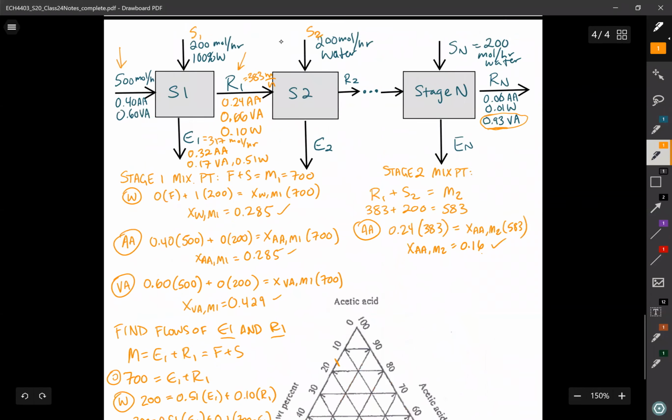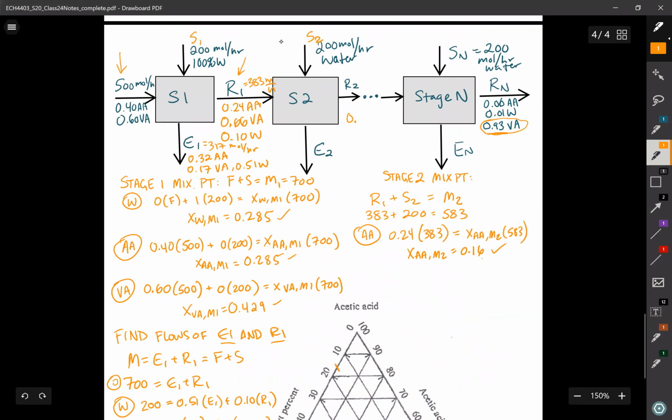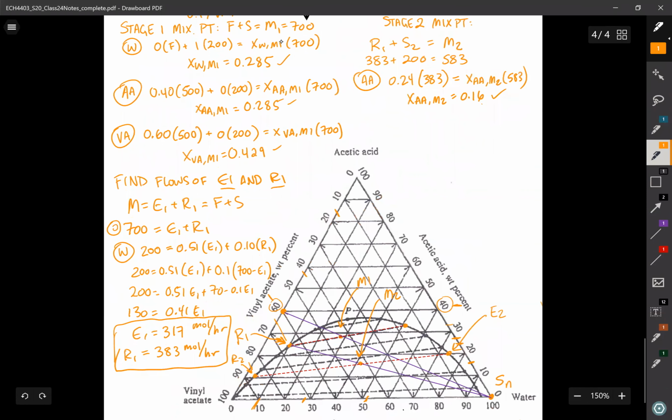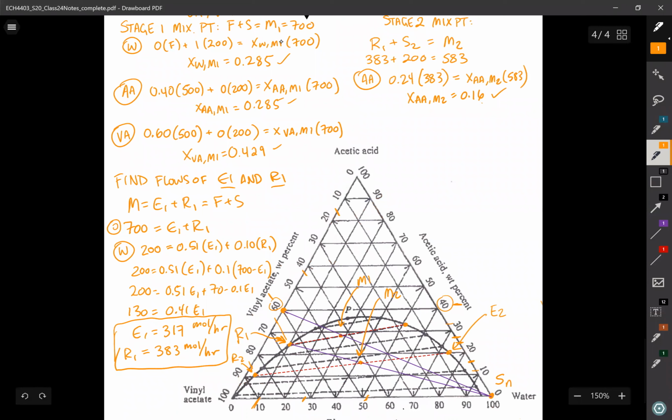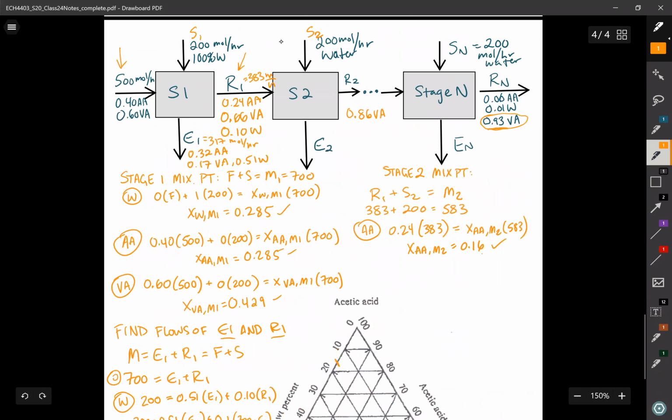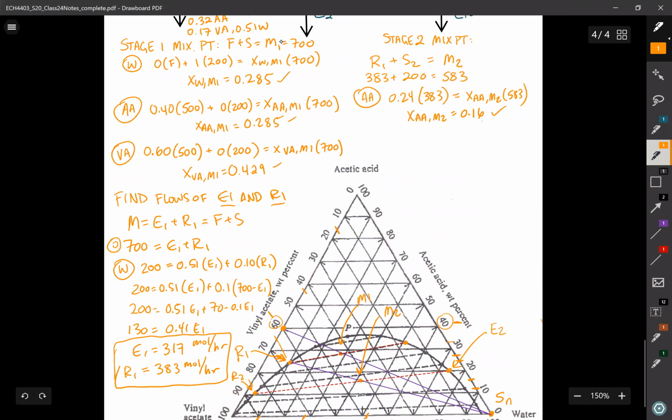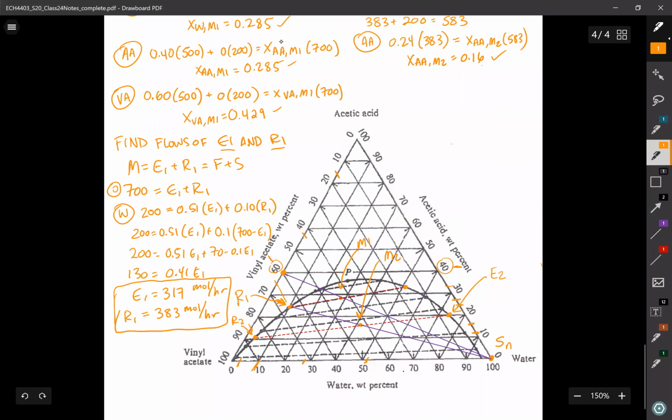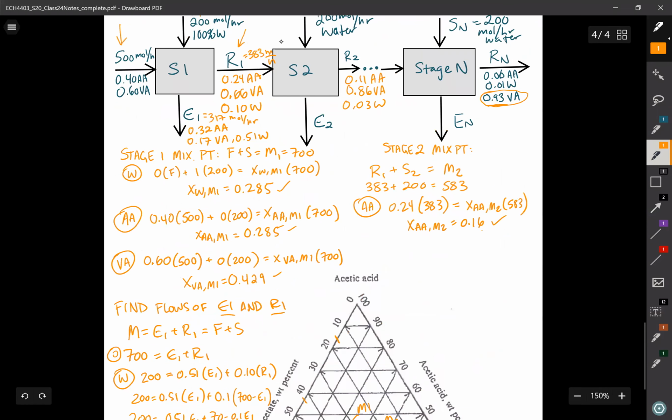If I look there, and I'll try and keep things in the same order, 0.86 vinyl acetate. I've got, we'll say, 11% acetic acid, 0.11 acetic acid, which means that the other 3% must be water. And I'm looking at my water axis down here. I indeed find it's 3%, or close to it at least.